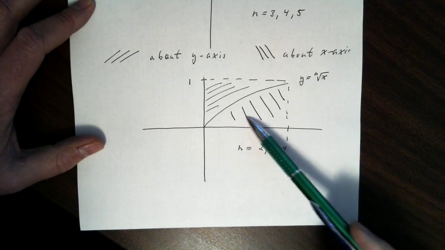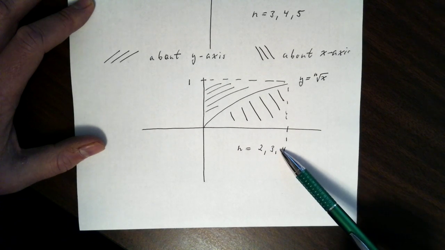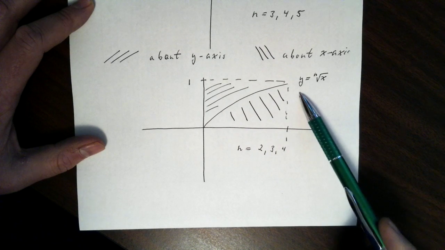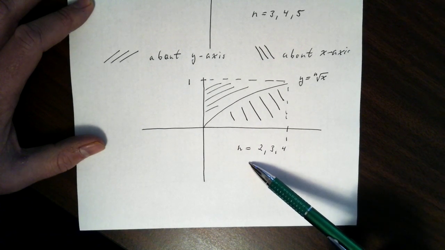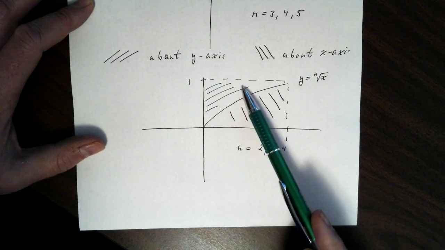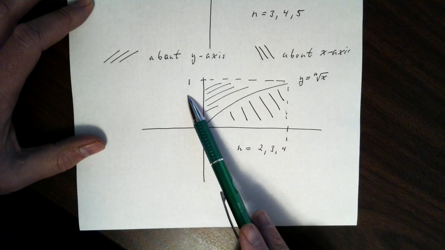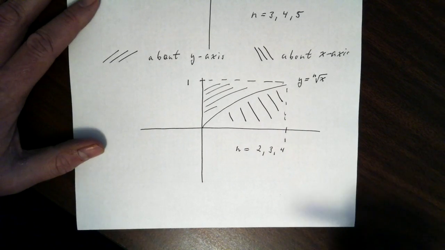Take the region bounded by the nth root, let's say n is 2, 3, or 4, the region bounded by the curve, the x-axis, and x equals 1, and rotate that about the x-axis to find the volume. Similarly, take this area and rotate it about the y-axis. Okay, so try those problems for our next class. See you then.